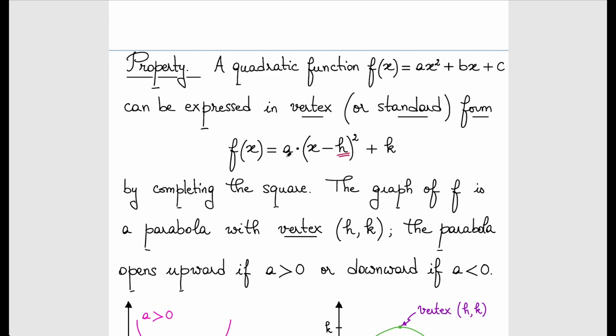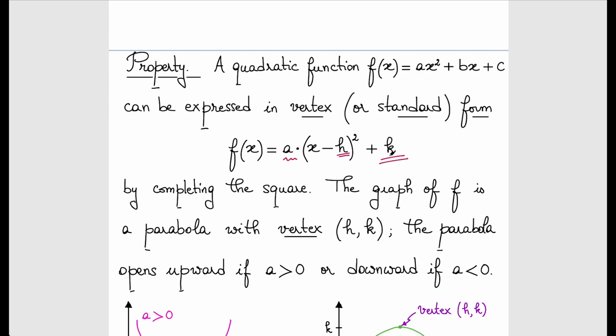And then the entity a, whether a is negative or positive, is going to allow us to reflect in the x-axis and do some vertical stretching or some vertical shrinking, right? And that k is a vertical shift.